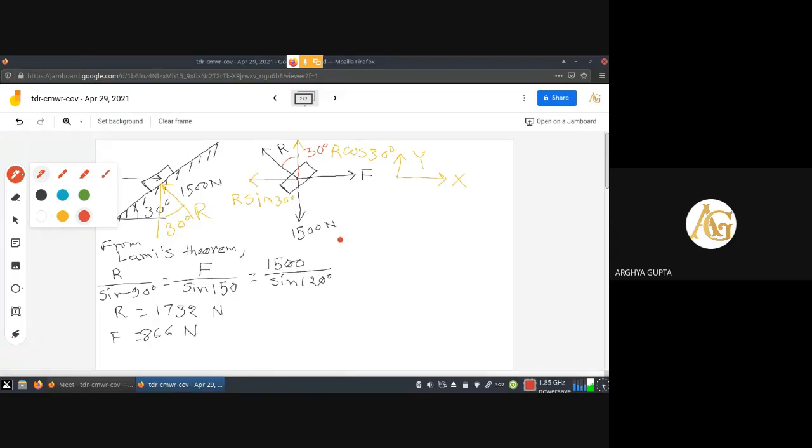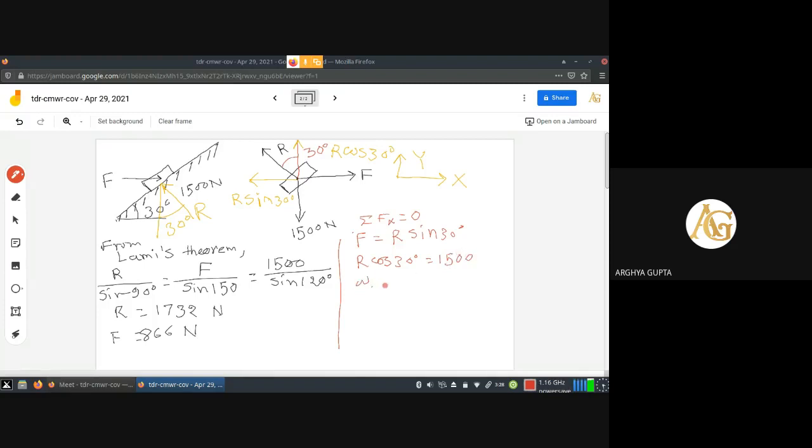Now, analysis part. Here I am doing the analysis. Again, you have to write, as the body is in equilibrium, then by resolving the forces in x direction, equating it to 0, F is equal to R sin 30 degree, and R cos 30 degree equal to 1500.